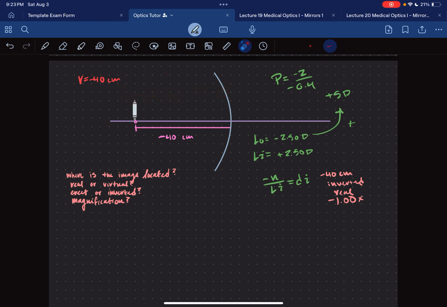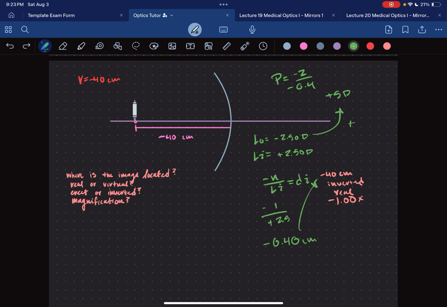I'm going to do it this way. So -n1 divided by +2.5. That's going to be -0.4. Hold up. That's what we got. So we know the image is there.